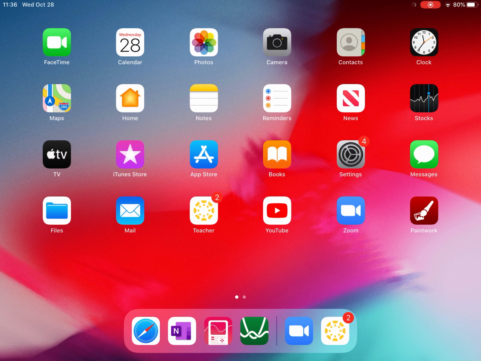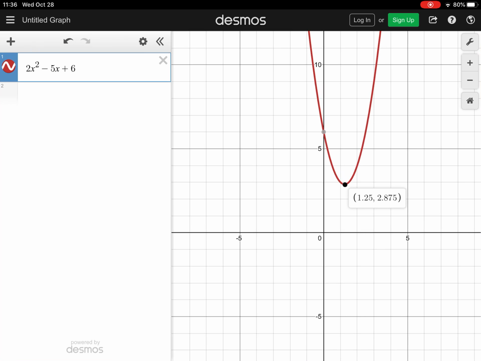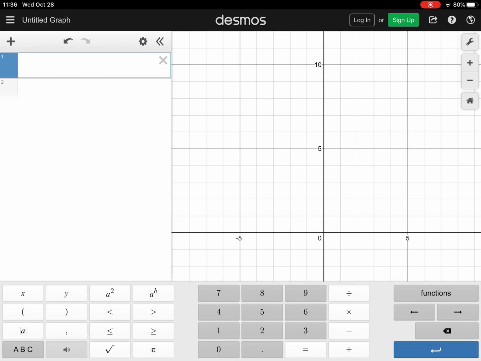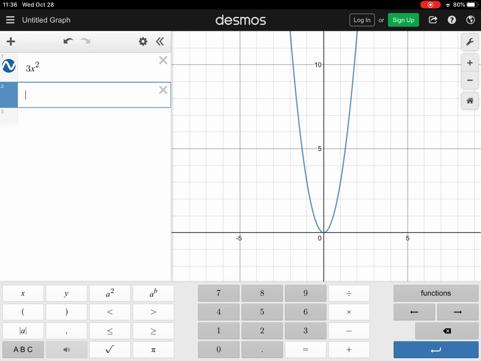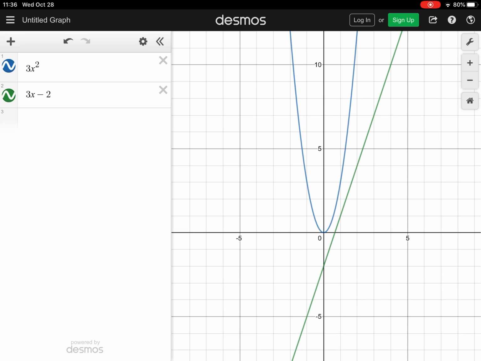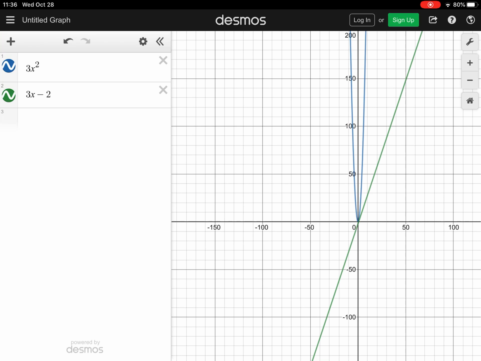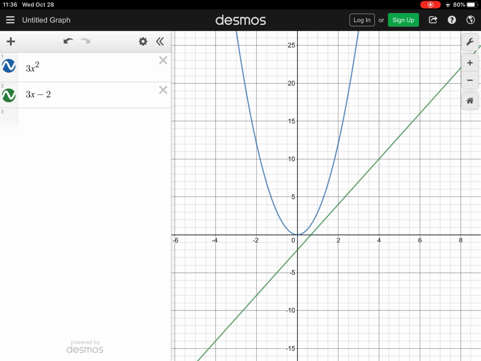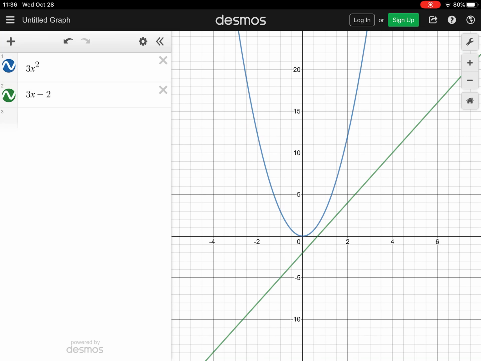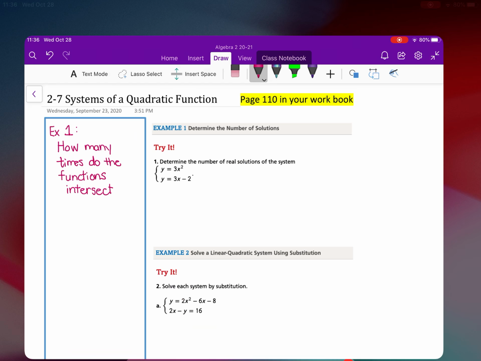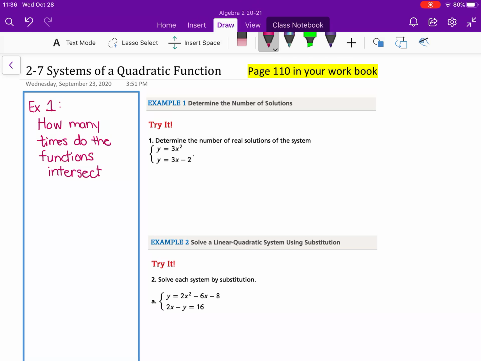Okay, so I have 3x squared and I have 3x minus 2. All right, so in this particular example, notice they will never cross. No matter how far I zoom out, they are not crossing. They're not touching. So this particular example is 0 real solutions because they never cross.